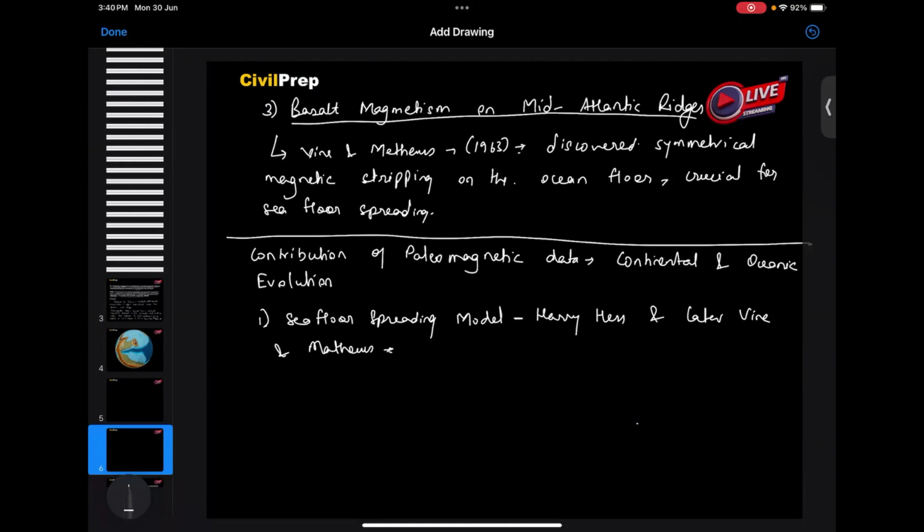Okay, so they provided that the magnetized oceanic crust records polarity reversals, validating divergent plate boundaries and ocean basin expansion.